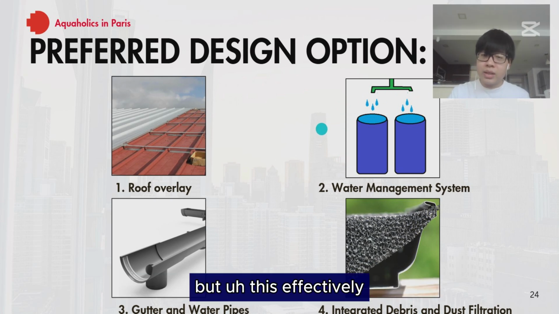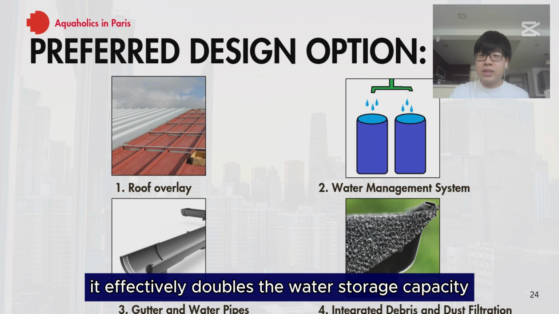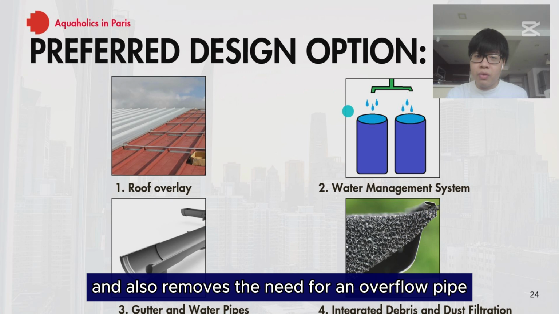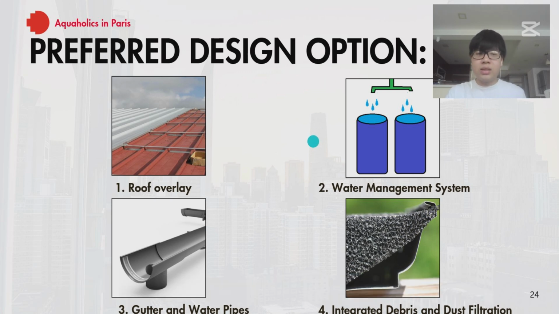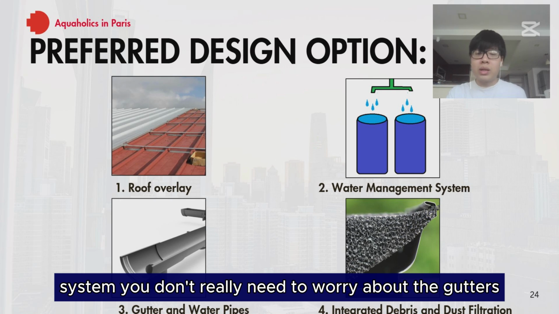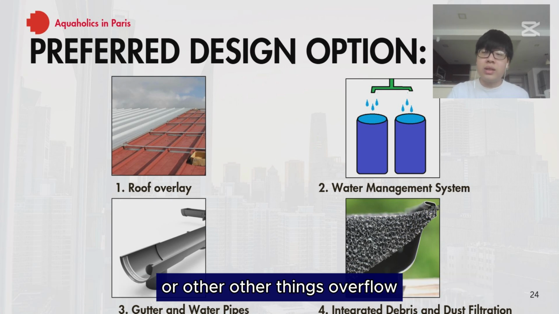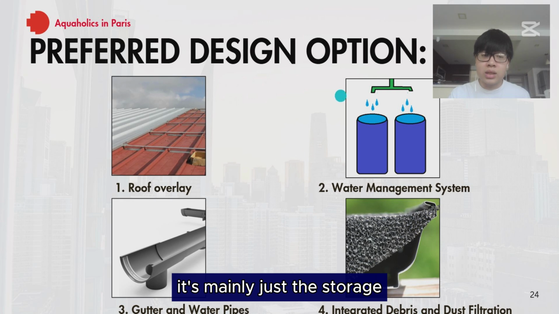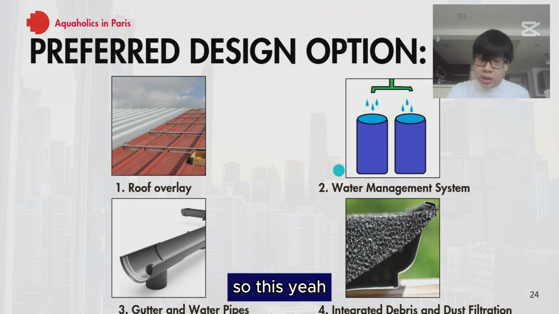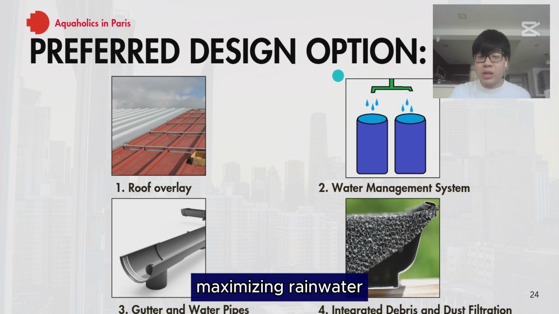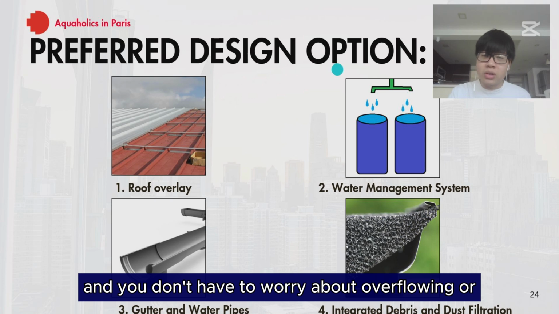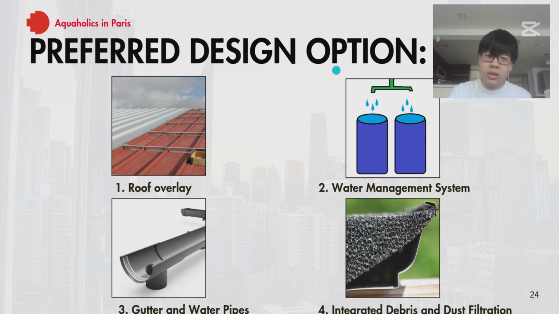This effectively doubles the water storage capacity and also removes the need for an overflow pipe, because in a rainwater system you don't really need to worry about the gutters or other things overflowing. It's mainly just storage. They only need an extra barrel for maximizing rainwater, and you don't have to worry about overflowing or not having enough storage.